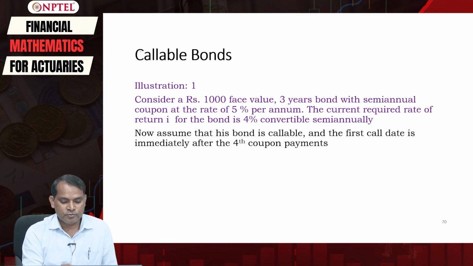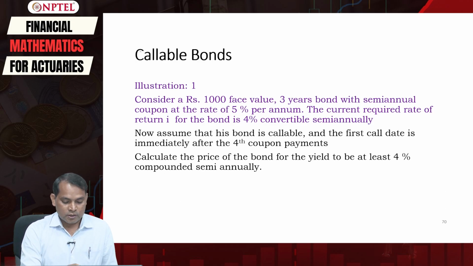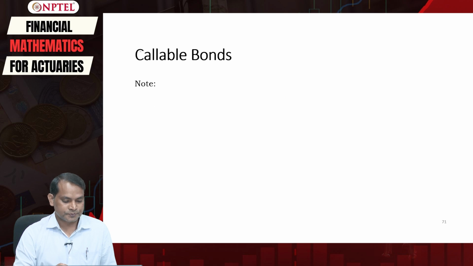Now assume that this bond is callable and the first call date is immediately after the fourth coupon payment. Calculate the price of the bond for the yield to be at least 4% compounded semi-annually. Let us do that now.